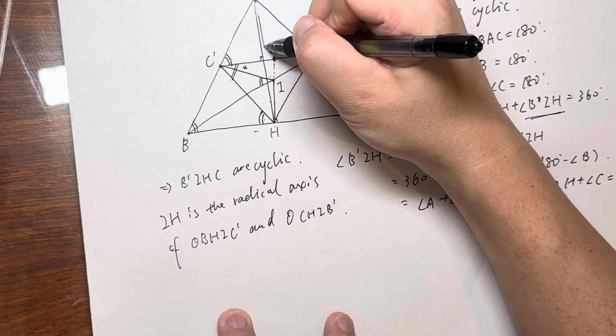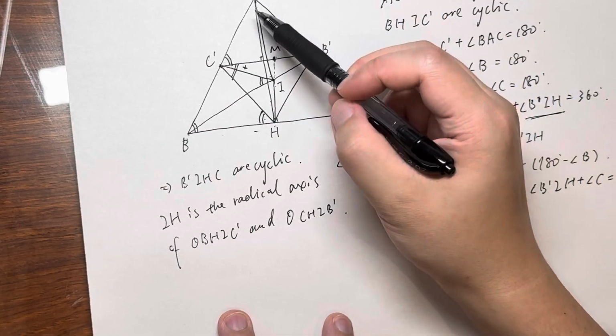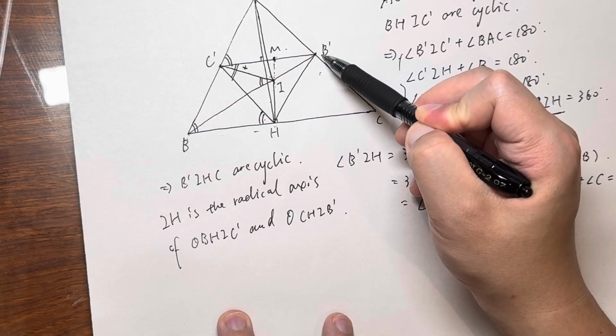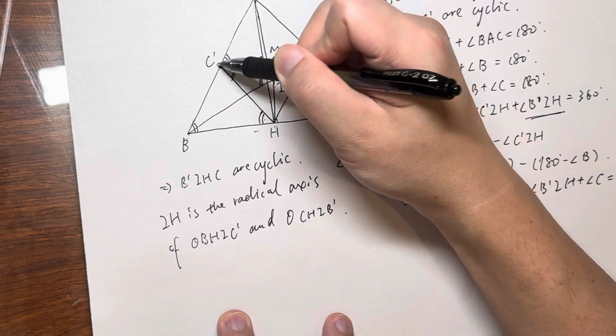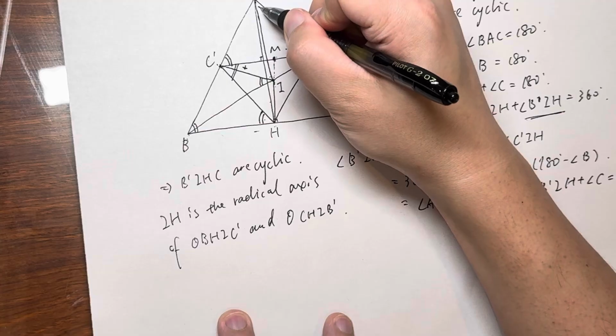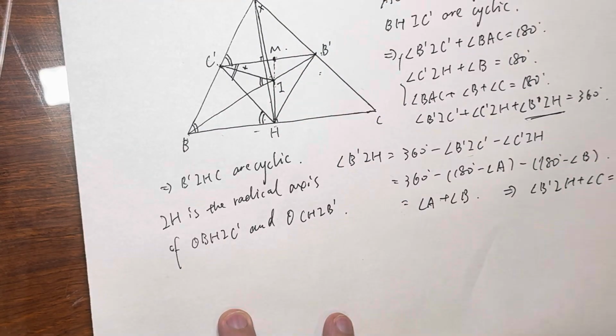So now we connect AI here. And we know that because AC'IB' are cyclic, that means the angle IC'B' equals to angle IAB'. So we know this IAB', this angle, right?